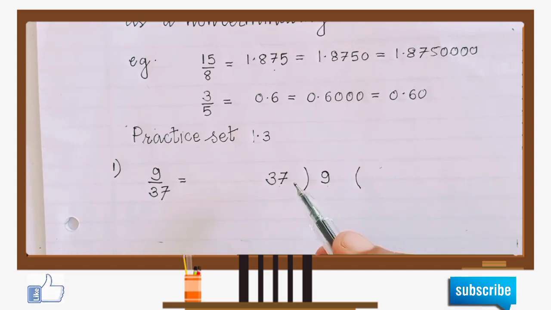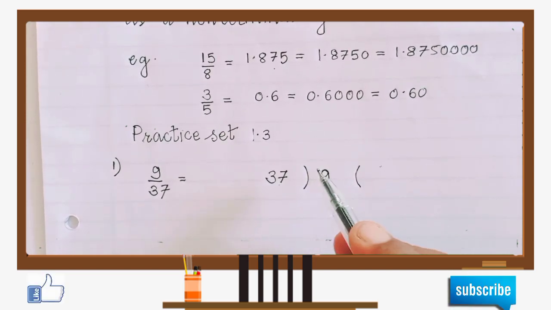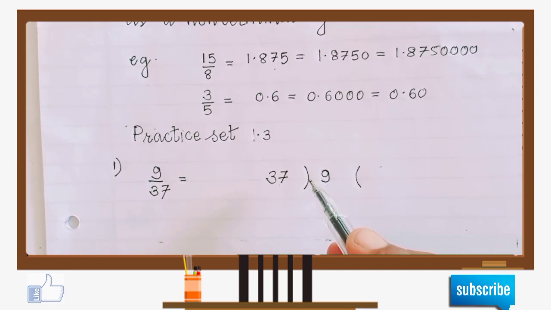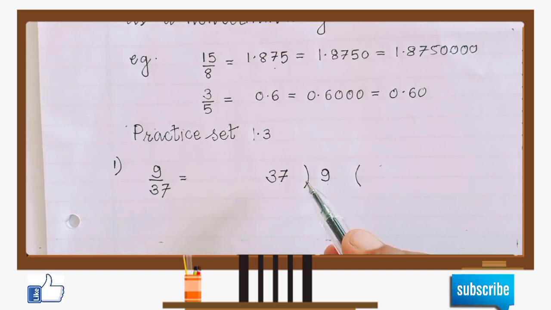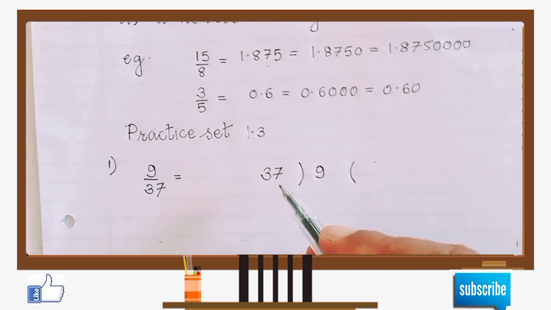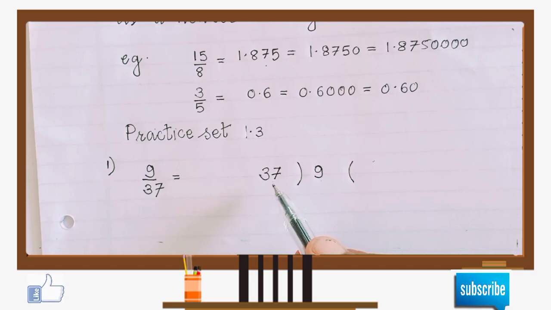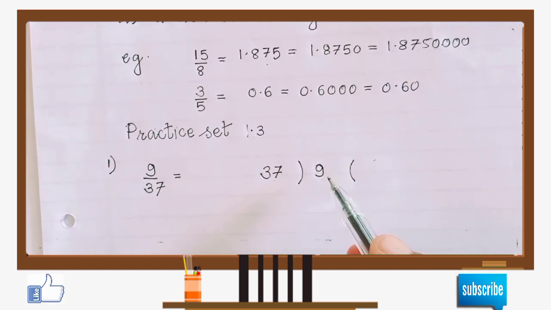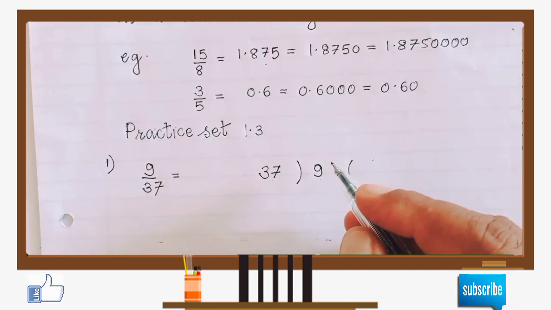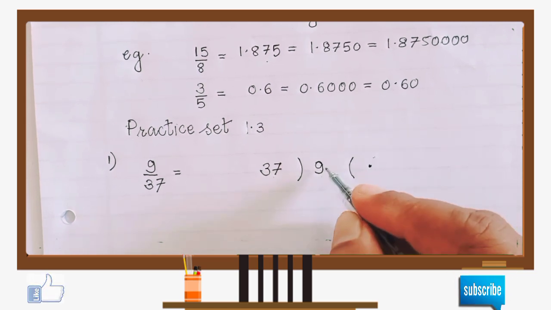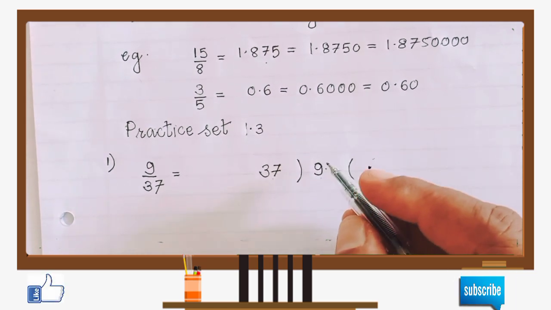Does 9 come in the table of 37? No. Many students don't have this concept clear, even now. So you ask yourself whether 9 comes in the table of 37. No. So you keep a decimal point here and you can put a 0 there.